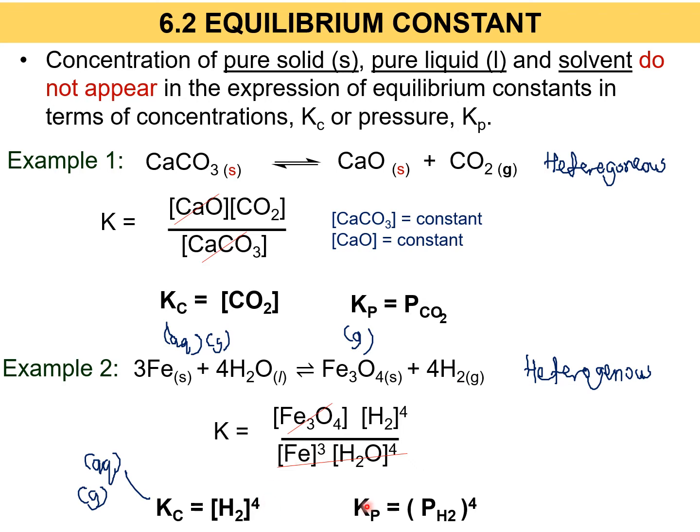Okay, how about partial pressure? You nak express Kp. Kalau you nak express Kp, Kp ialah equilibrium constant in terms of pressure. Dia hanya boleh terima gas phase sahaja. Therefore, you buatlah Kp is equals to partial pressure of hydrogen gas to the power of 4.